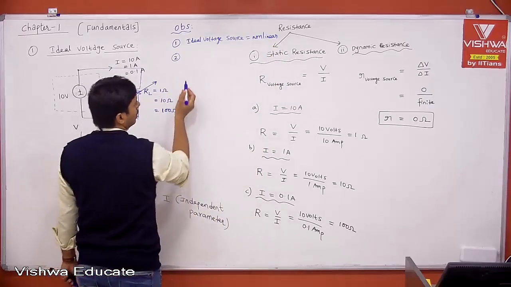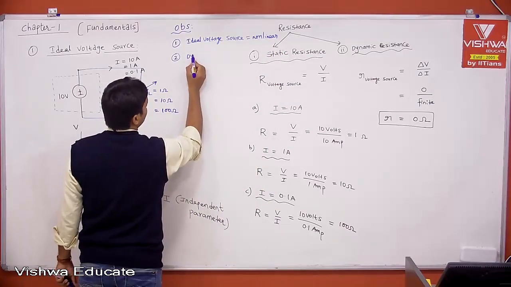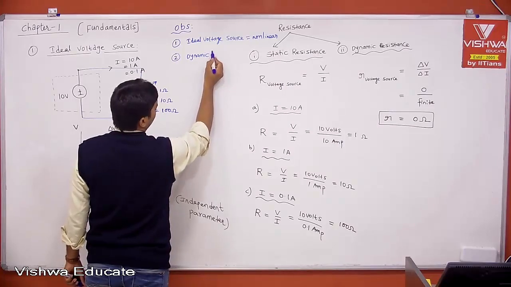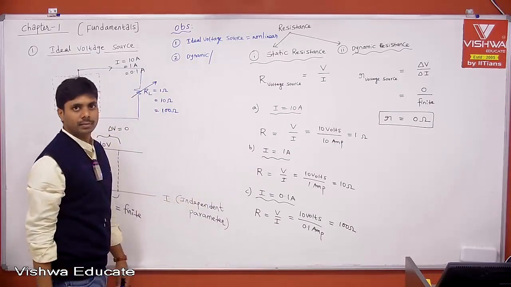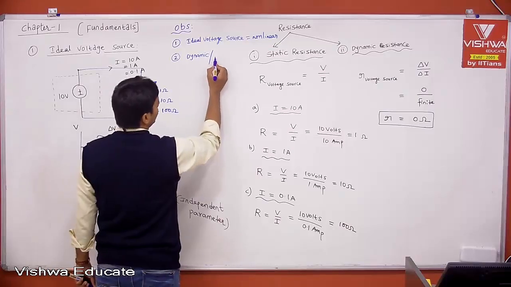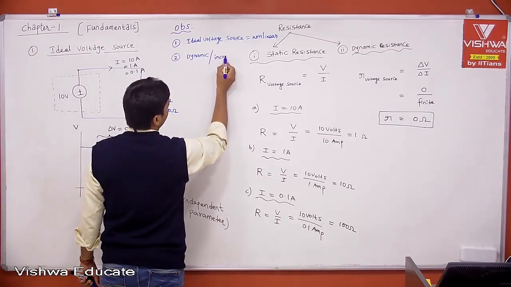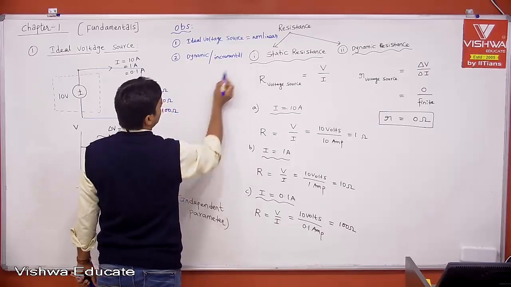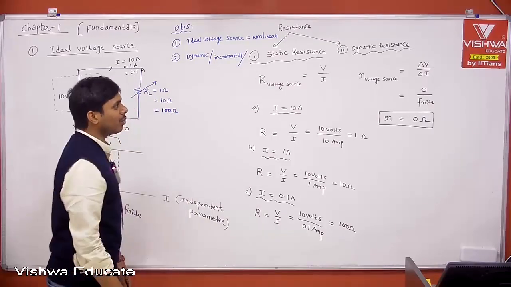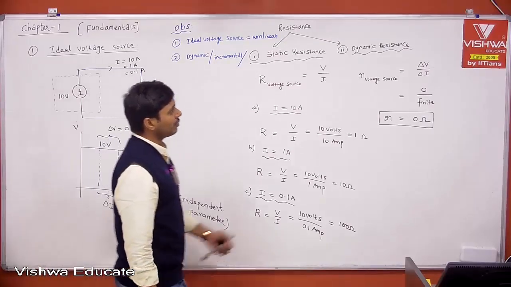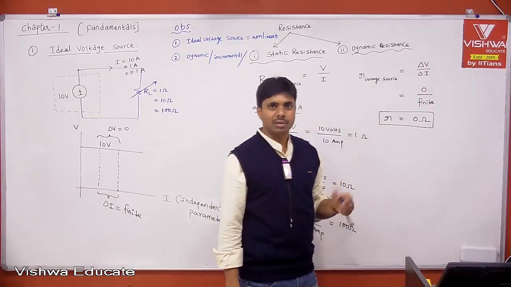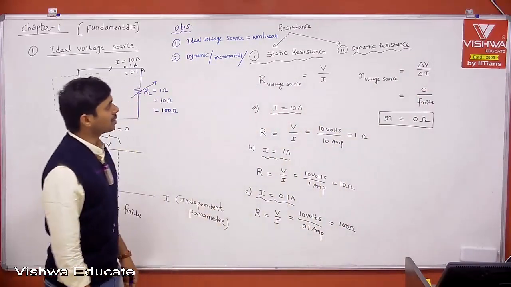And the second observation, dynamic resistance, or incremental resistance. Why is it called incremental resistance? For incremental change in current, what is the incremental change in voltage? That's why this is called incremental resistance.